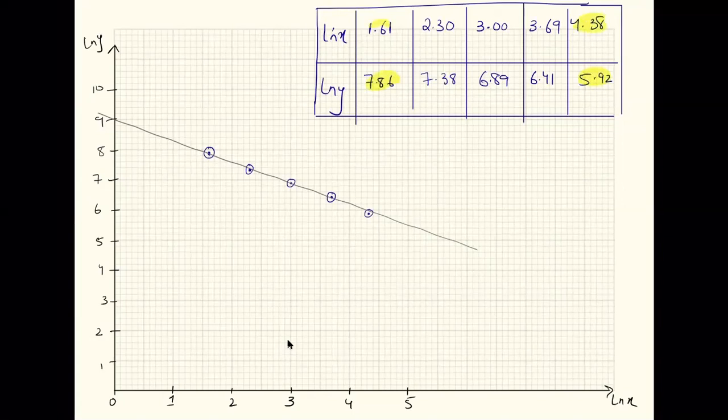If I just take the first and the last value, let's find the gradient. The gradient is going to be 5.92 minus 7.86 upon 4.38 minus 1.61. So roughly, what is the gradient coming out?